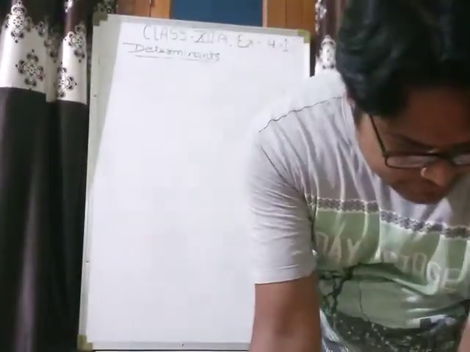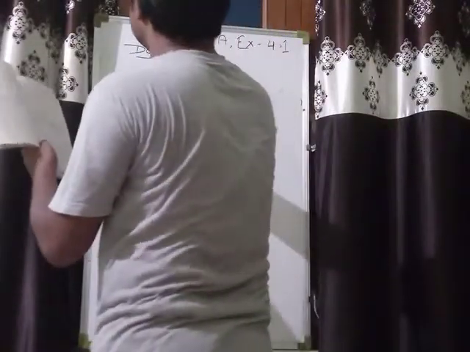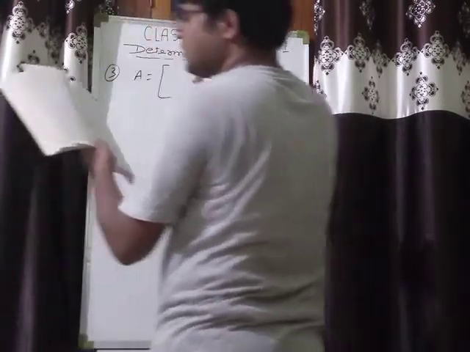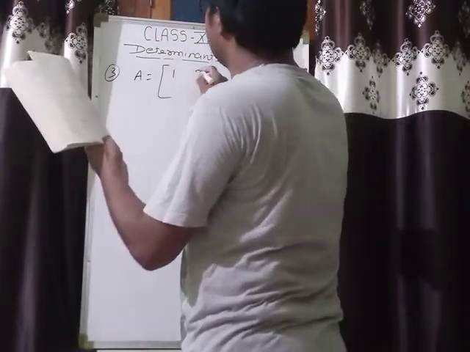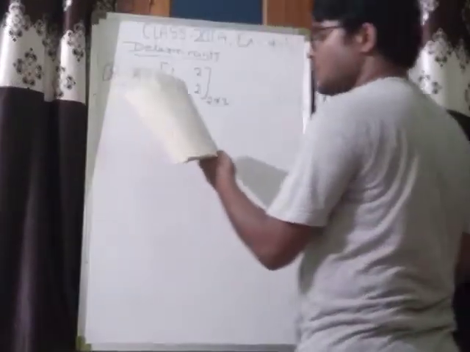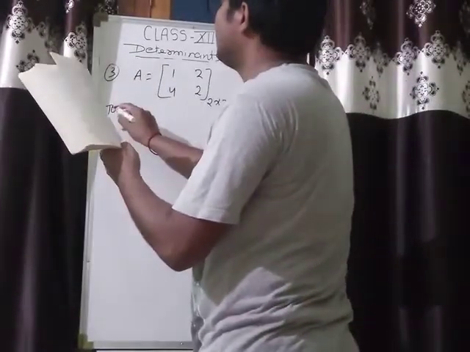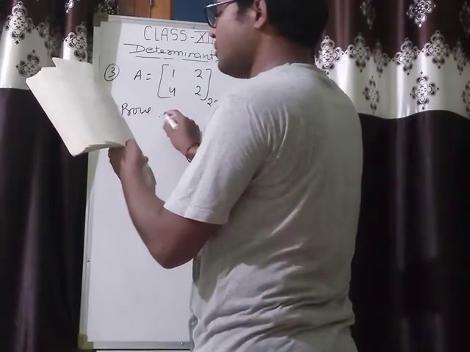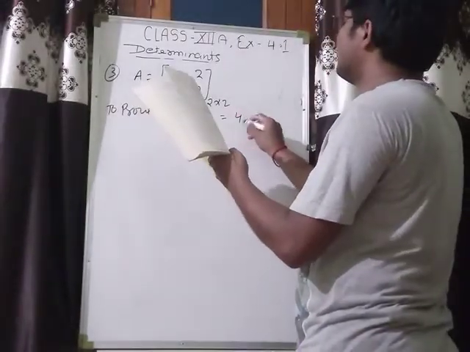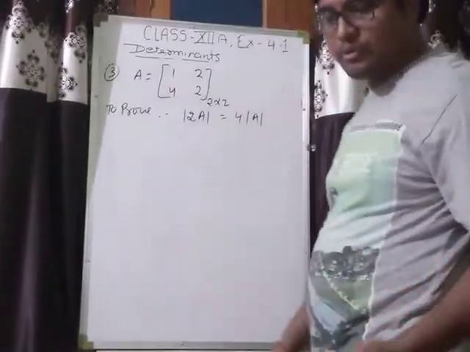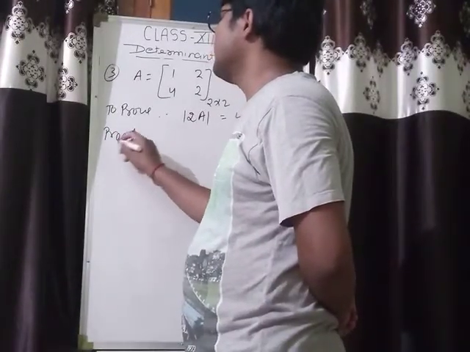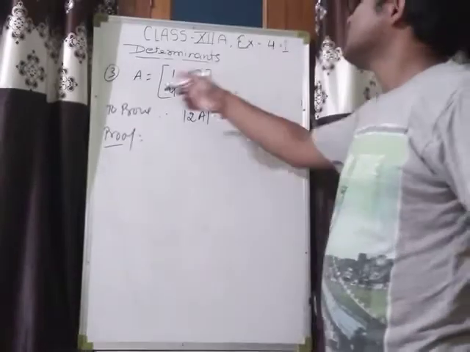If A is a matrix having 1, 2, 4, 2, that is a square matrix of order 2, then what we have to prove is that the determinant of 2A is equal to 4 times the determinant of A. I am going to prove this. That is a very interesting question. A is given.